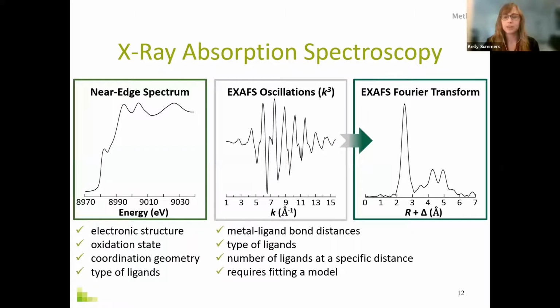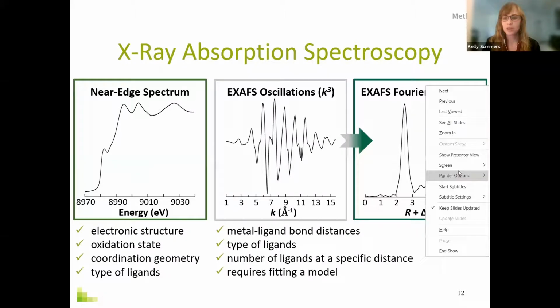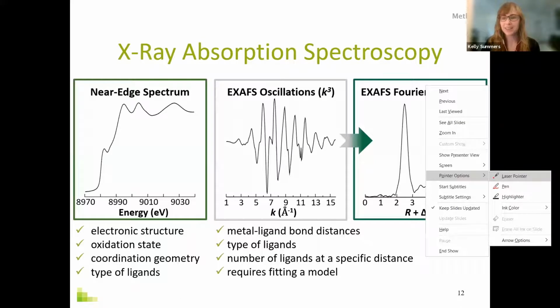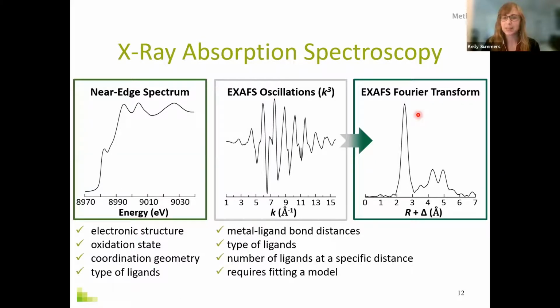This can give us very accurate metal ligand bond distances. It can also give us information on the type of ligands, as well as the number of ligands at a specific distance. But this requires fitting a model, which is where our computational chemistry comes in. And then, of course, there is the EXAFS Fourier transform, which is arguably a really nice visual representation of the EXAFS.